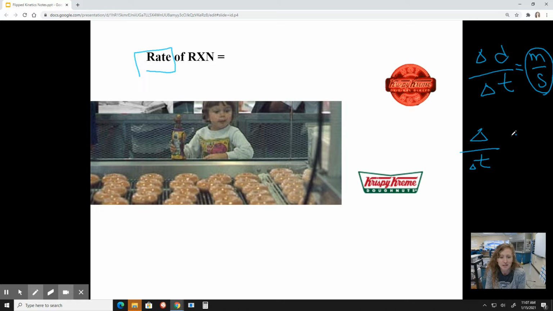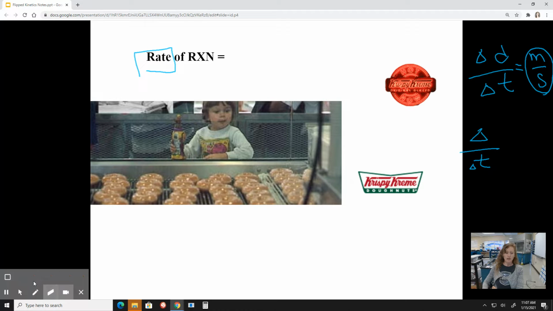You see here that this sweet little face is very concerned with the rate of donuts being made, right? So rate in terms of a Krispy Kreme factory would be the change in donut production over time, or possibly the change in donut consumption over time. Could also be a rate inside the Krispy Kreme facility.